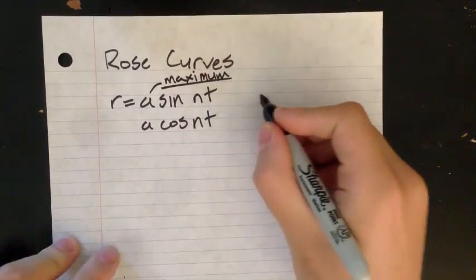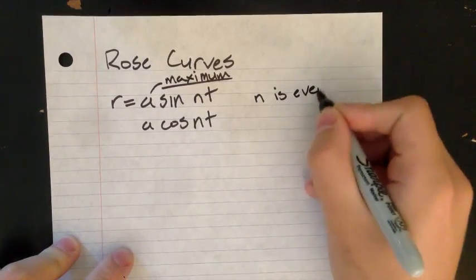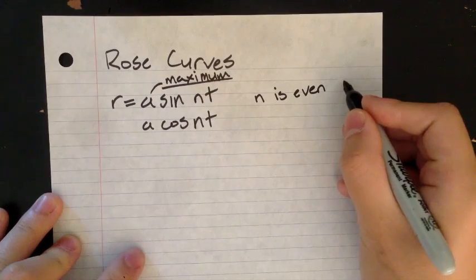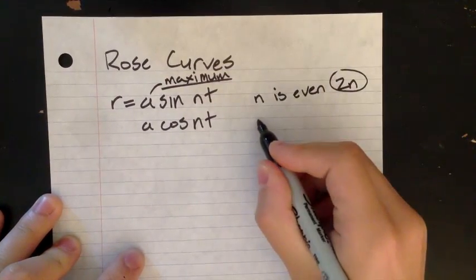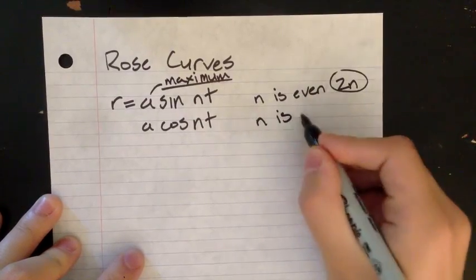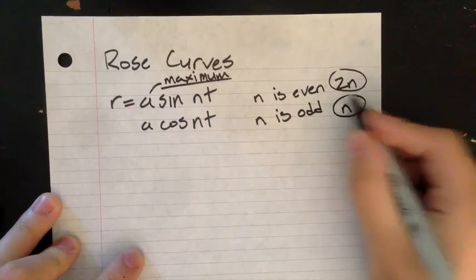And n, if n is an even number, then you take it and you double it to n. If n is odd, you just leave it alone. It's odd, it's just n.